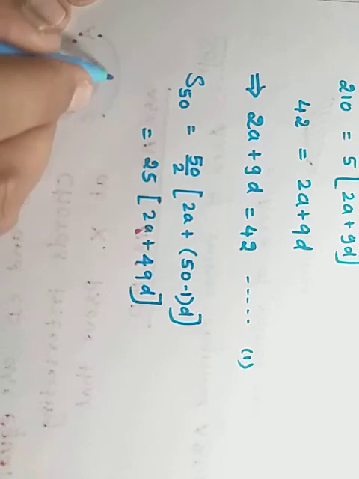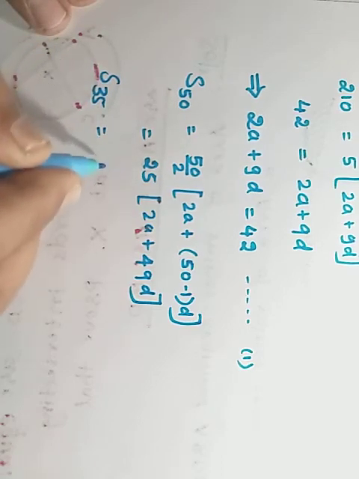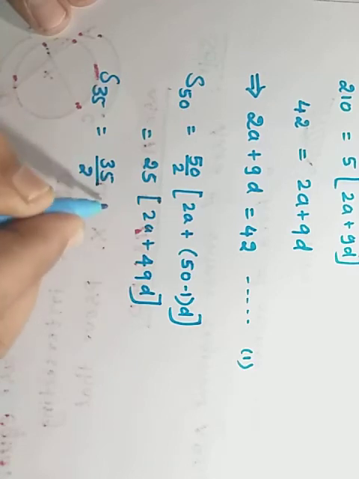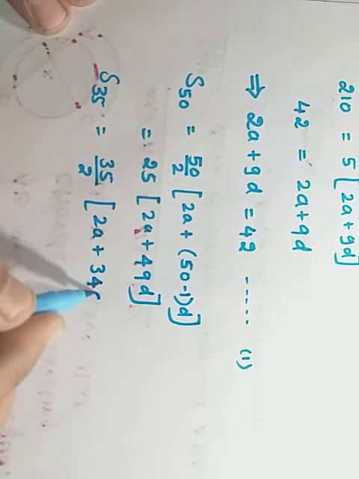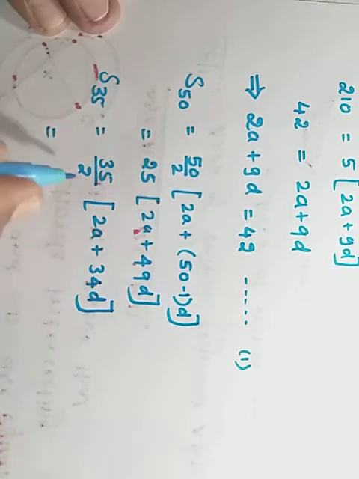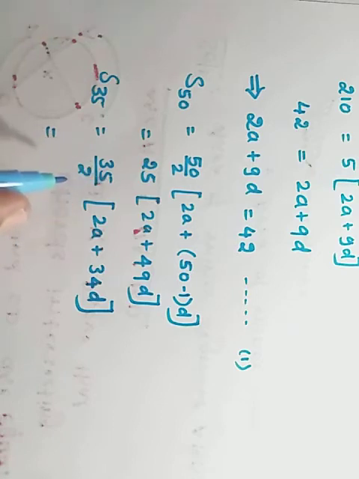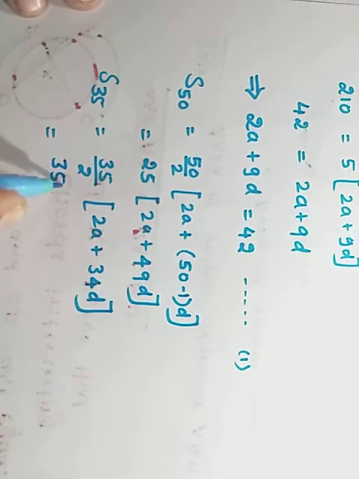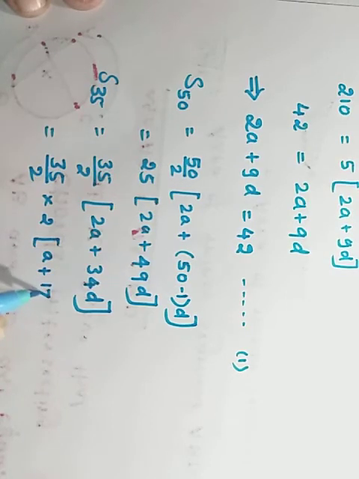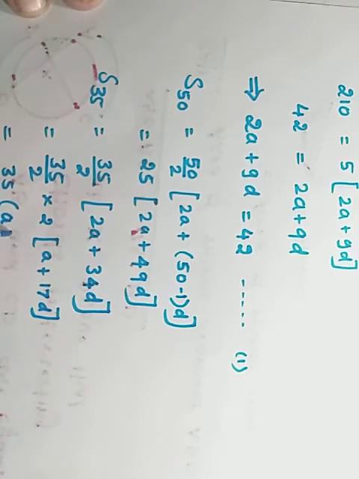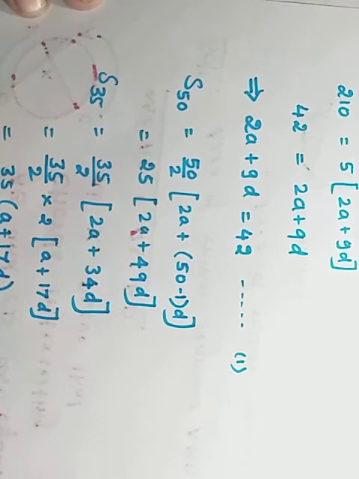Similarly, we have S35, that is equal to 35 by 2 into 2a plus 35 minus 1, that is 34d. Since 35 is not divisible by 2, we will take 2 common outside here. That is 35 by 2 into 2 into a plus 17d. The 2 cancelled, so that became 35 into a plus 17d.